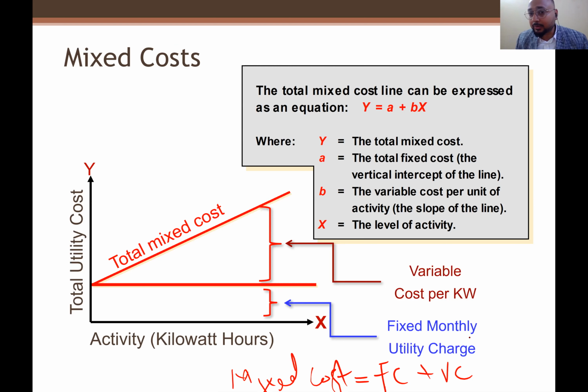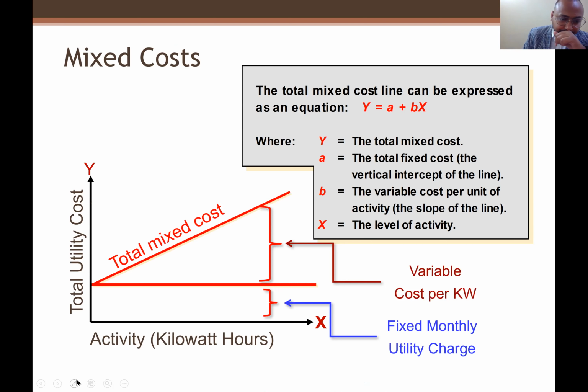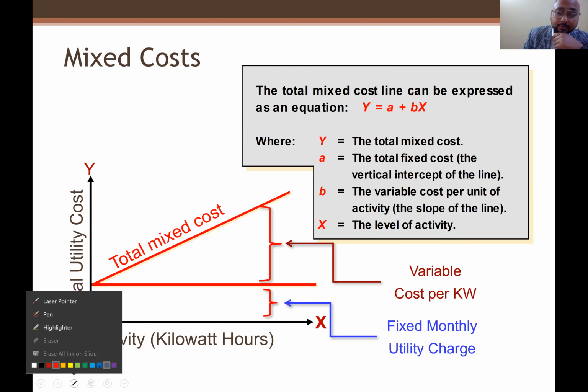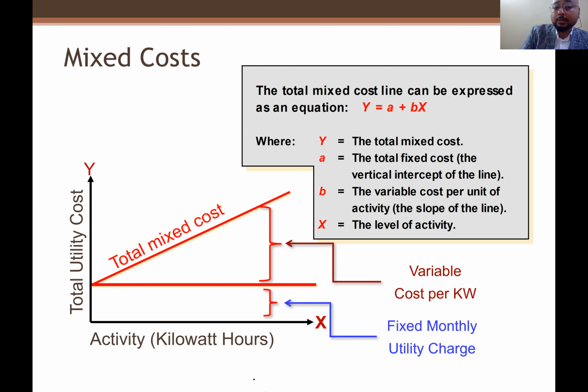We do not trust the total amount. We trust the per unit amount. So if we trust the per unit amount, mixed cost will be fixed cost plus the variable cost per unit multiplied by the number of quantity.